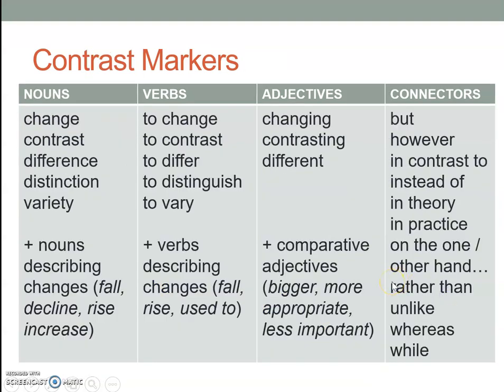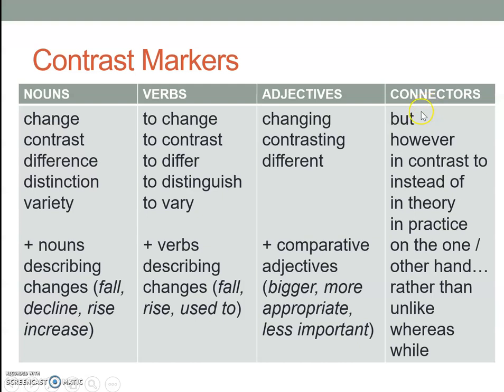And here too, we have a list of contrast markers. And I suggest you perhaps take a picture of this slide and learn the different words that help us see that there is a contrast: change, contrast, difference, distinction, variety, to change, to contrast, to differ, to distinguish, to vary. All of these different words show us that there's some kind of difference.